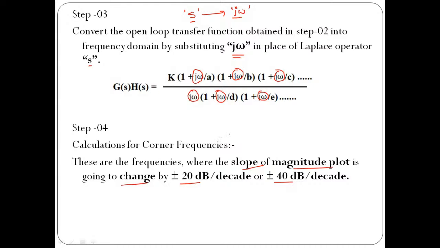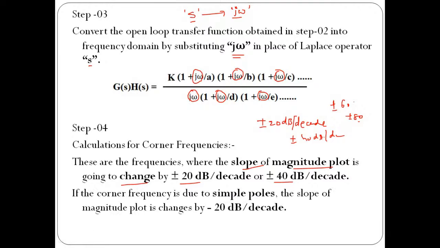Corner frequencies are those frequencies where the slope of the magnitude plot of the Bode plot is going to change by plus minus 20, 40, 60 or 80 dB per decade. It totally depends upon how many poles and zeros are available corresponding to that particular corner frequency.